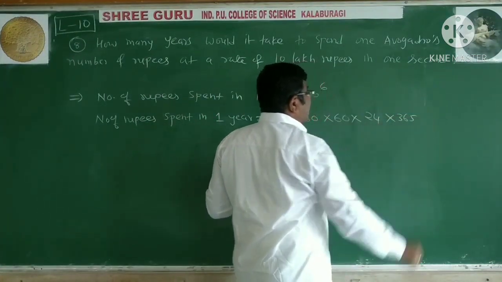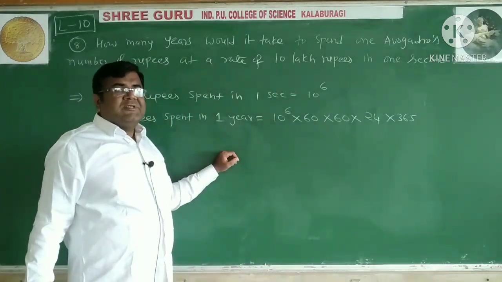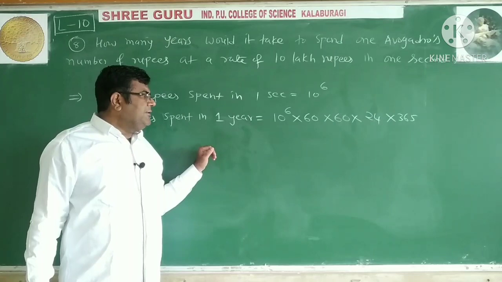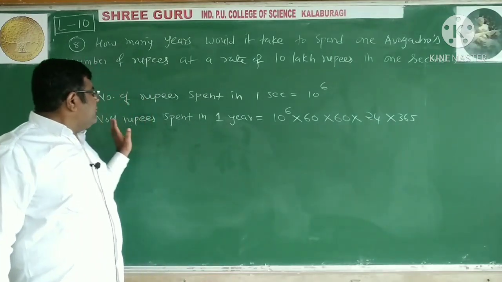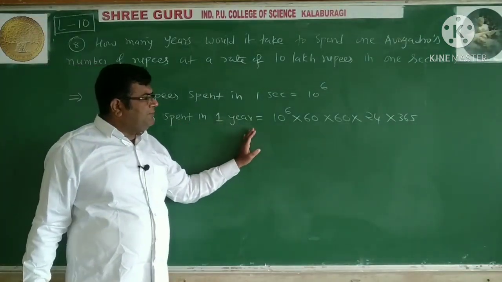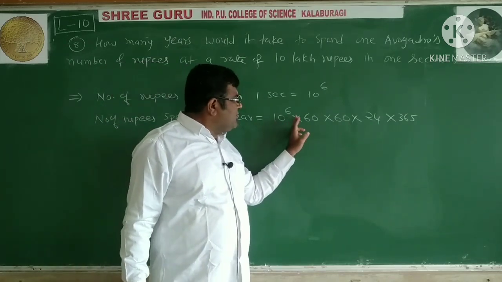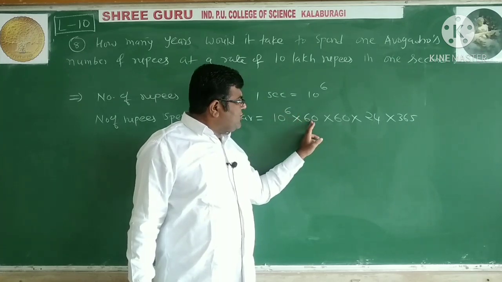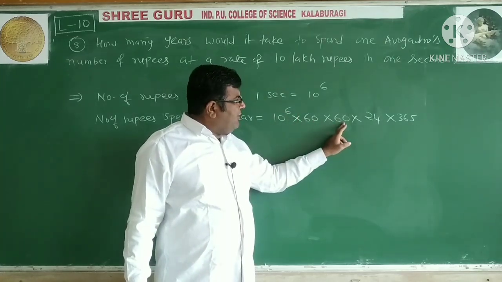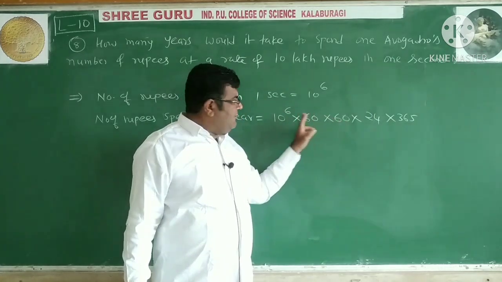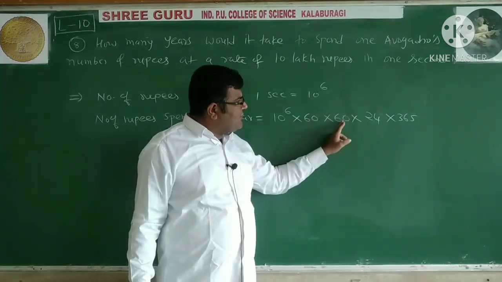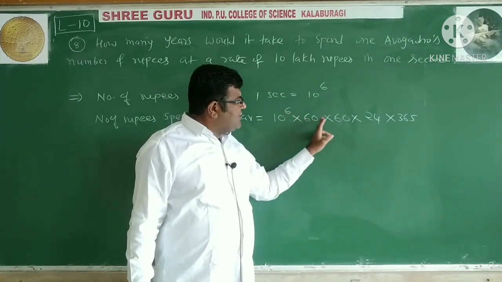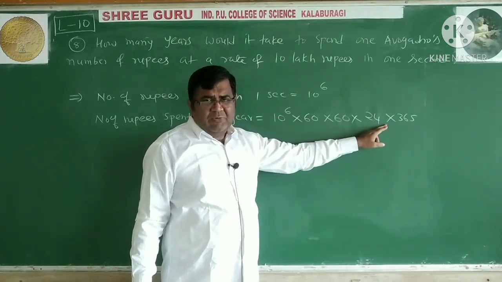Multiplied by 365, because 365 days are there in 1 year. So number of rupees spent in 1 year is 10 raised to 6 into 60 into 60 into 24 into 365.